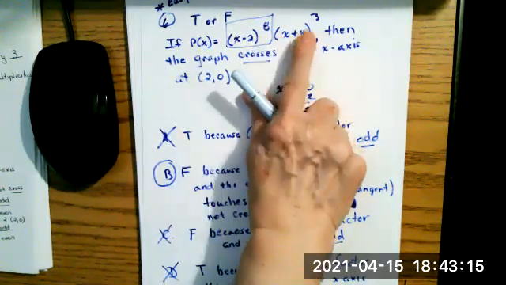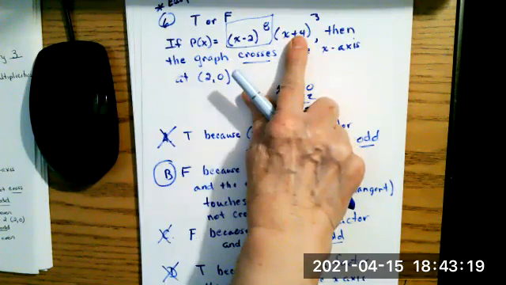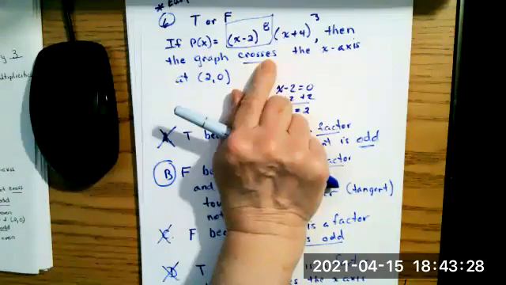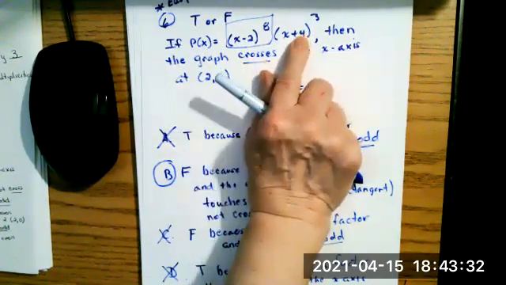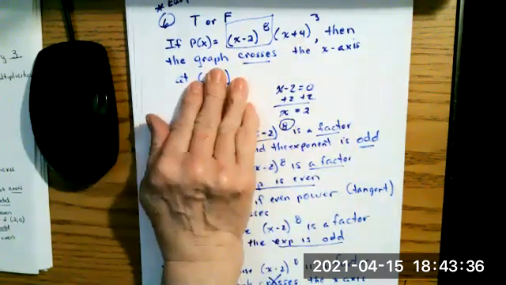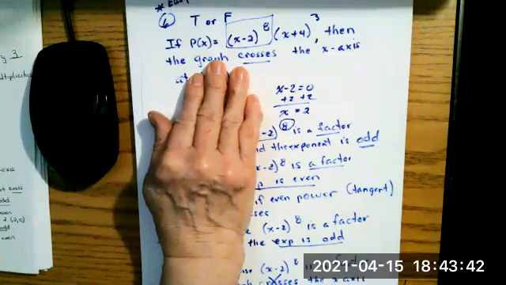What if they said this one? What if they were talking about this one and said that -4 is a factor, is a 0, and it crosses? Would that be true? Crosses at 4 and 0. Yes. If they said -4, 0 there instead of 2, 0, would that be true?